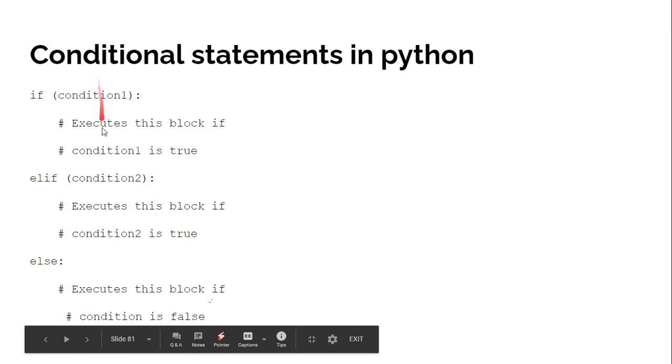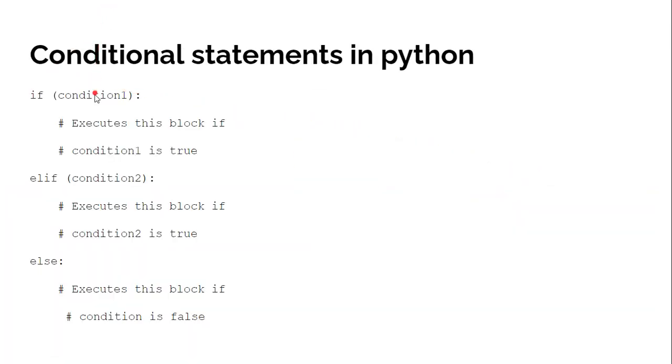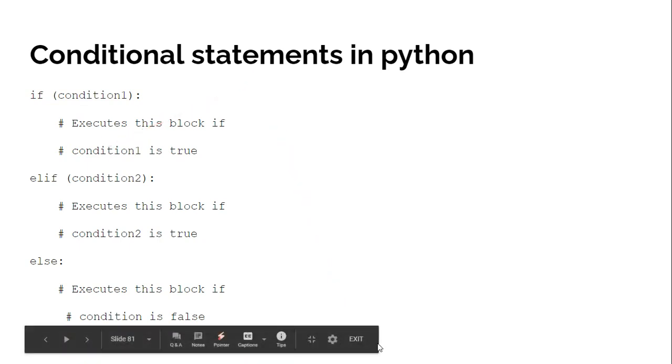So the program will flow like this. Firstly, the program will enter the if block and check if this condition is true. If it is not true, then it will check the next condition. If that condition is true, then it will execute its block and the program will terminate. But if it is not true, then it will check the elif condition.